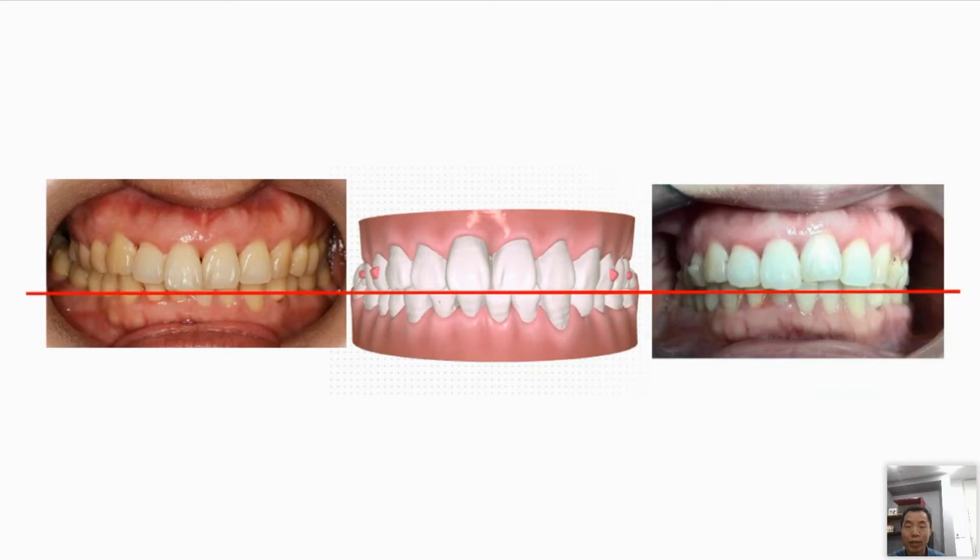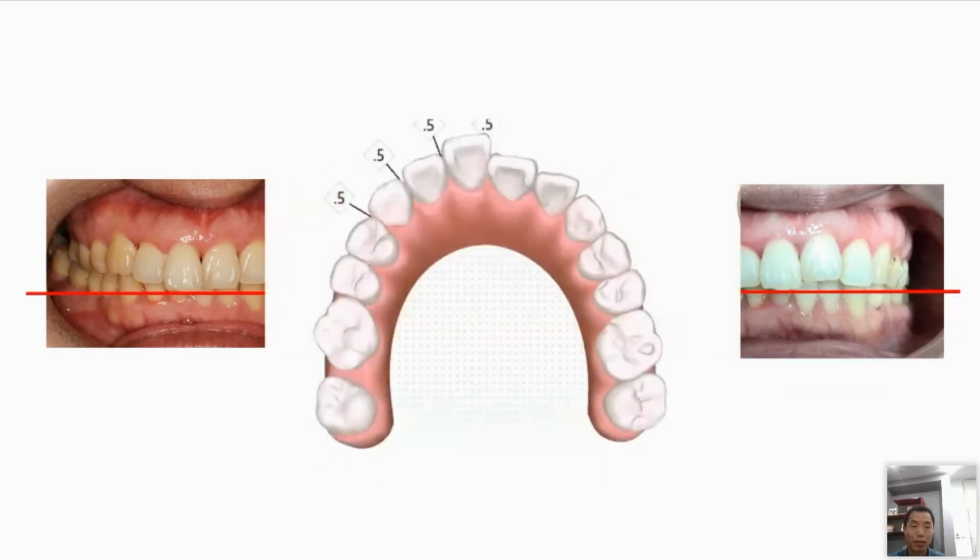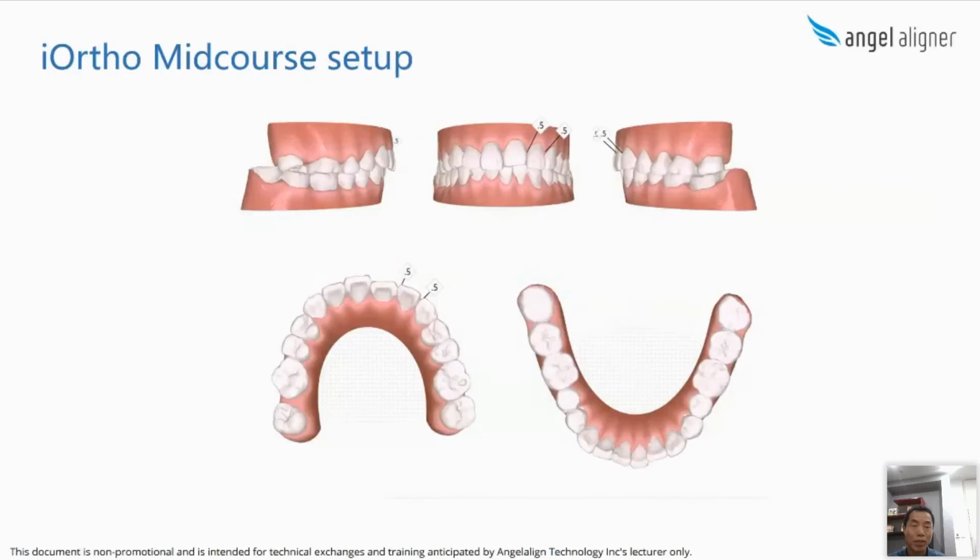We found out that we can be sure that the tooth was intruded, and we found that the IPR was insufficient. We have IPR designed here. So space is not enough.